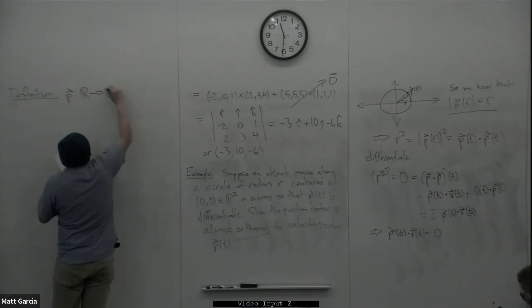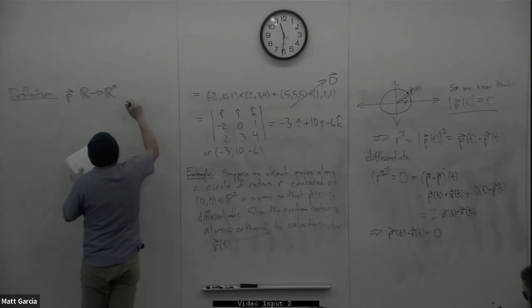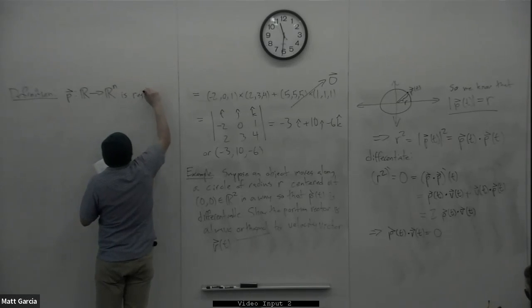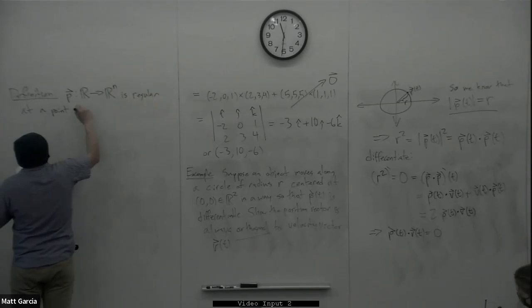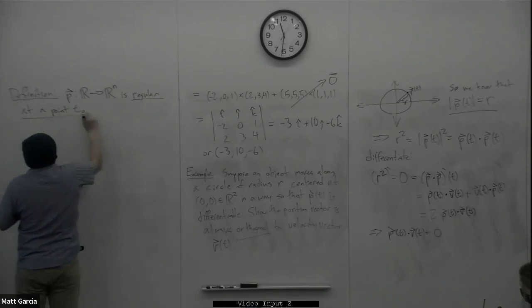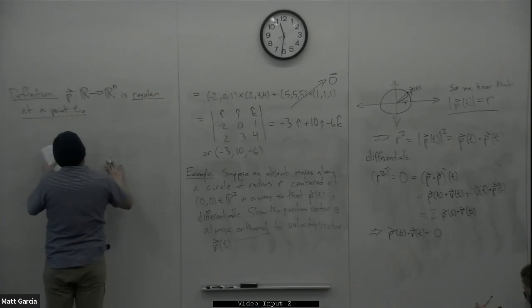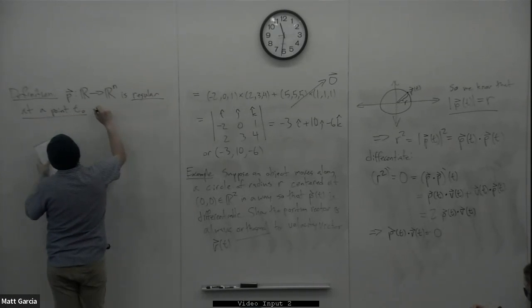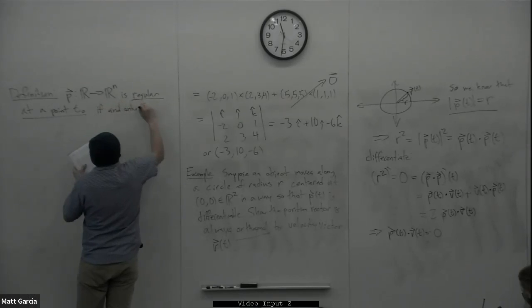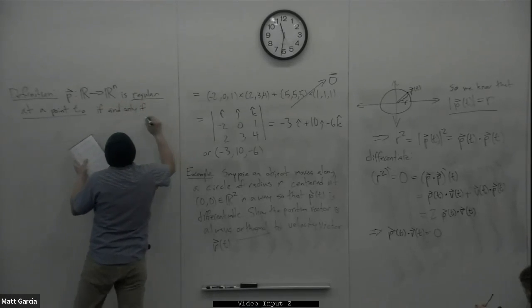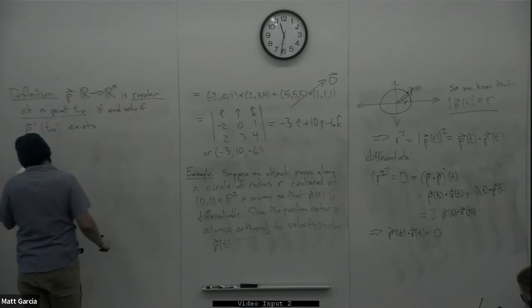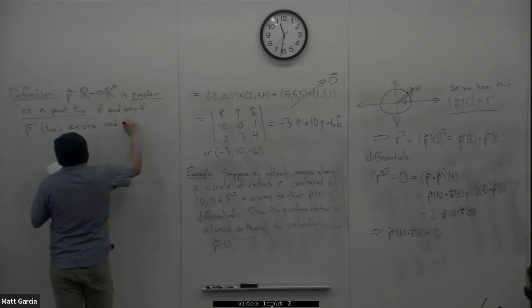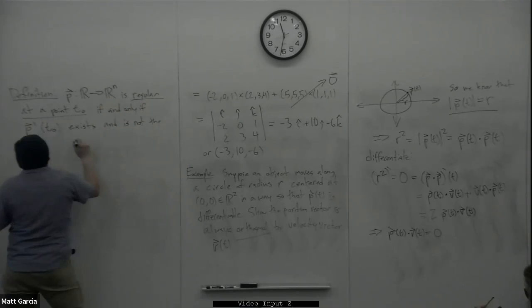Let's take p hat, any function from R to Rn, and we'll call it regular at a point t naught if and only if p hat prime of t naught exists and is not the zero vector.